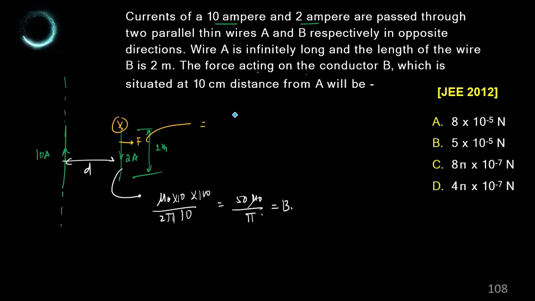So force is how much? Force টা হবে BIL. So 50 mu naught by pi into I is 2 ampere and L is how much? 2 meter.